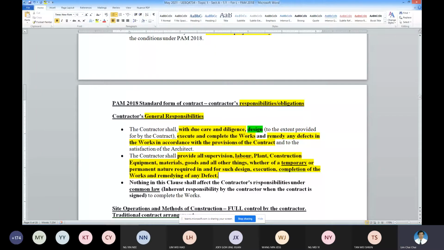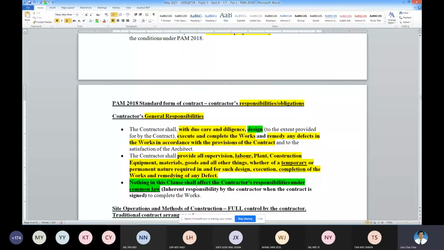Nothing in this clause shall affect the contractor's responsibility under common law. What does it mean here? It means that once the contract is signed, the contractor must ensure that the work is carried out to completion.